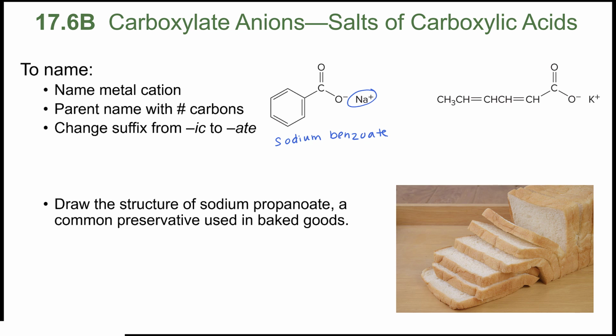This one inhibits the growth of fungus, and it's a preservative in soft drinks. This one over here is commonly known as potassium sorbate. That's an additive that prolongs the shelf life of baked goods and other foods. So a lot of these salts are water soluble and they're used as preservatives.